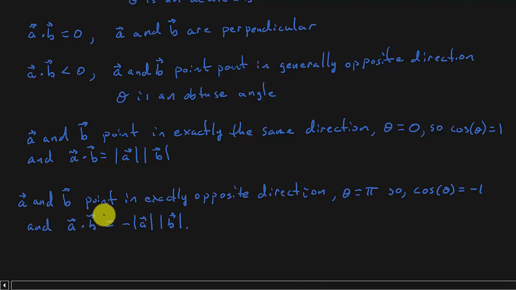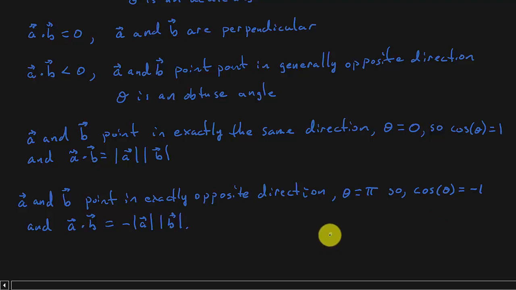And then A and B point in exactly opposite directions. Okay, they would still be parallel, but just going in opposite directions. Theta is equal to pi. So that means cosine theta would be what? -1. See that?